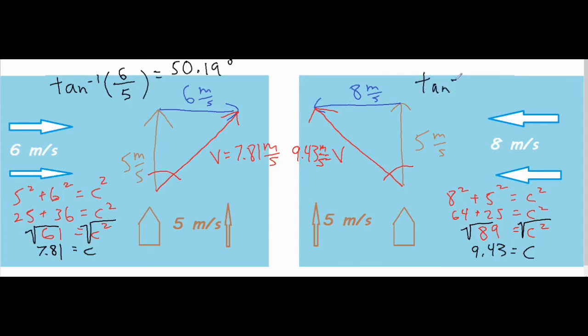I'm going to do the same thing from the other side, using the inverse of tangent. Opposite this angle is 8, and adjacent to this angle is the 5. That would give us an angle of 57.99 degrees.